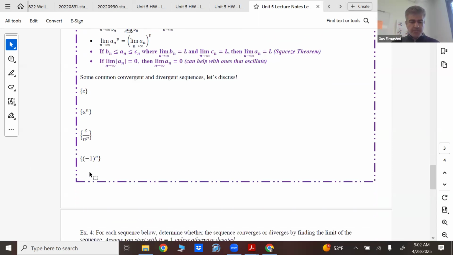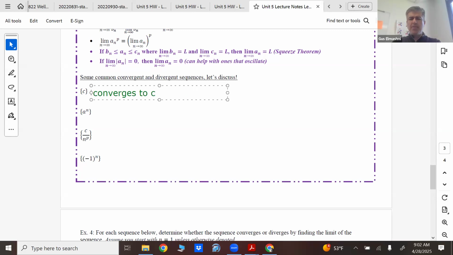So let's talk about some of these common situations here. If you take a limit of a constant, that will converge. We saw that earlier with 4, right? That converges to C, for all values of n.